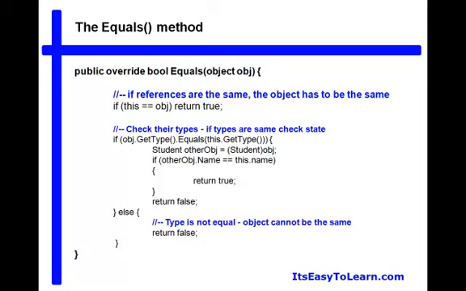So let's assume types are equal. Both are Student objects. Then we look at the attributes. In our example, we are taking name. If both the names match, we return true. Otherwise, return false. So this is a simple implementation of the equals method.